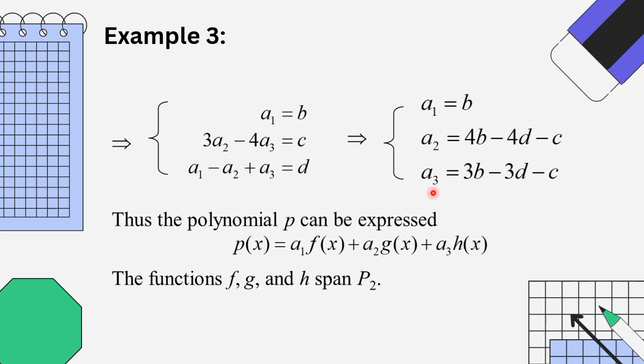So as you can see, we found the value for a sub 1, a sub 2, and a sub 3, and now we can say that the functions f, g, and h span p sub 2, since we got values for our scalar quantities. Now, the problem is how did we arrive with these values for a sub 1, a sub 2, and a sub 3. Now, let's go over with our next slide for the detailed solution.